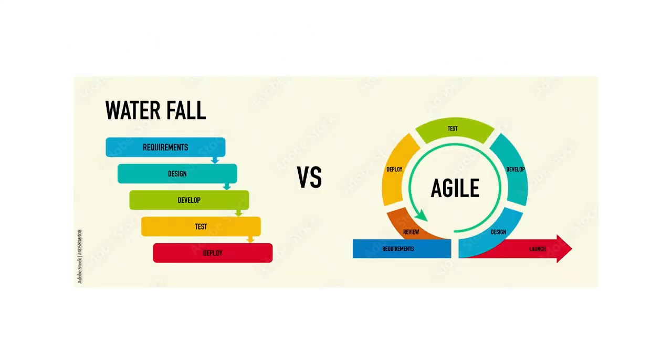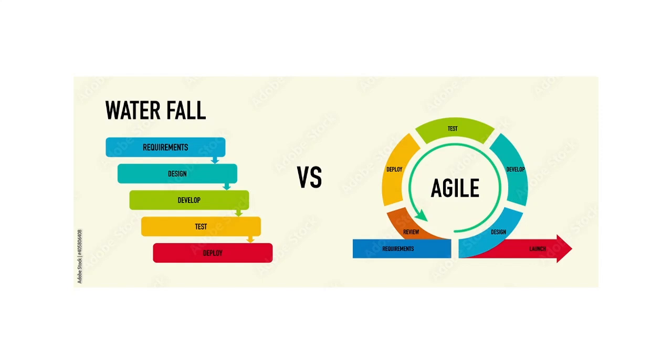To give an overall overview, this is one kind of waterfall model and the basis of the agile model. What is the main difference between waterfall and agile?